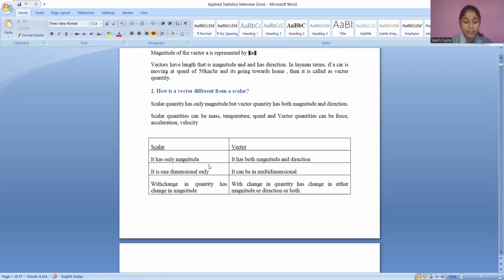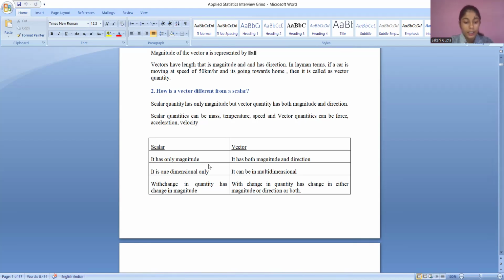A scalar quantity has only magnitude that tells me how much of something there is, but not the direction. For example, 5 km, 25 degrees Celsius, whereas a vector is a quantity that has both magnitude and direction. It tells me how much and which way. For example, 60 km per hour toward east, 5 meters north.